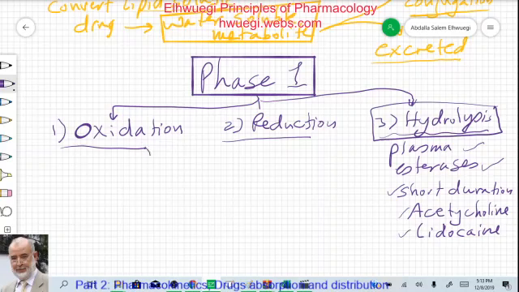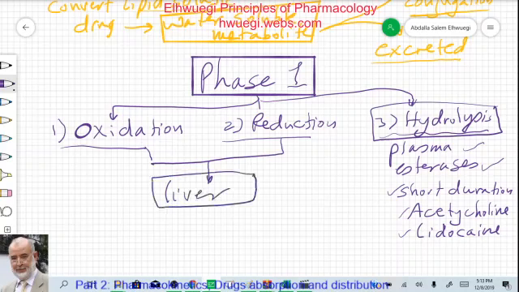Oxidation and reduction take place mostly in the liver by what's known as liver microsomal enzymes.